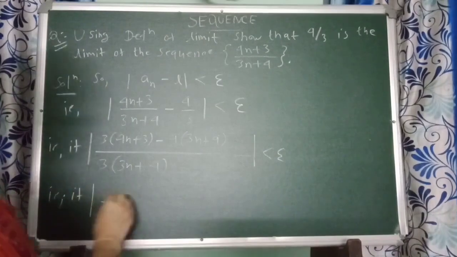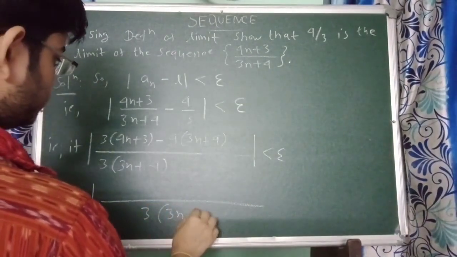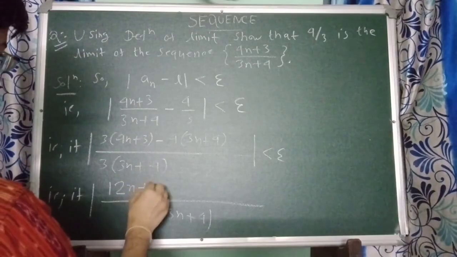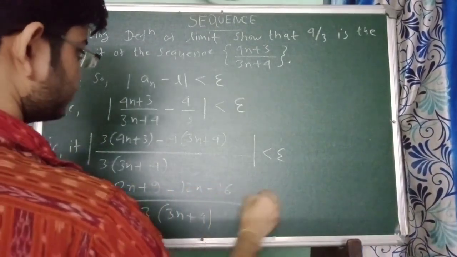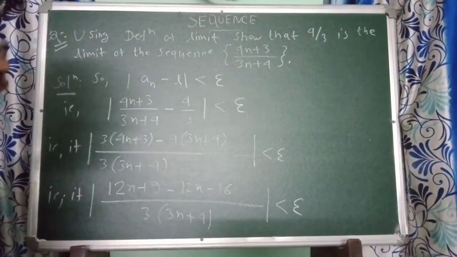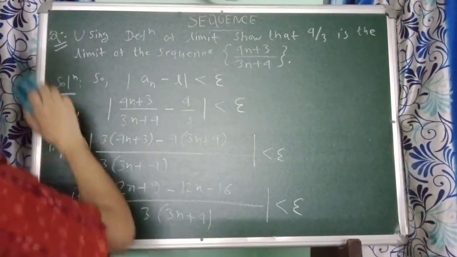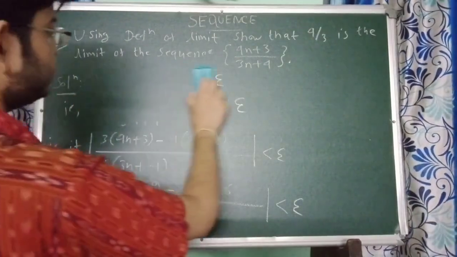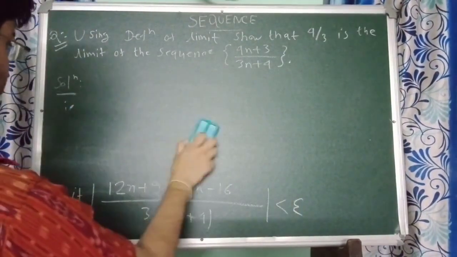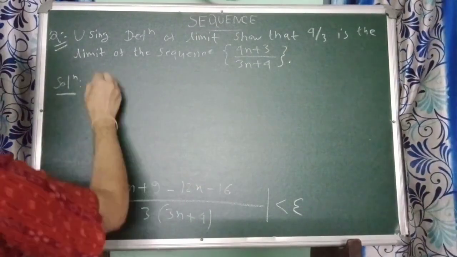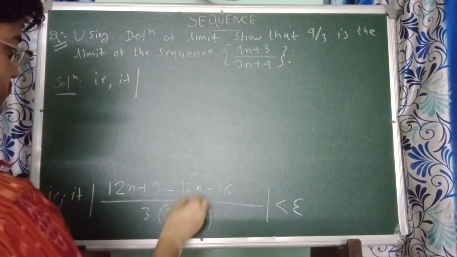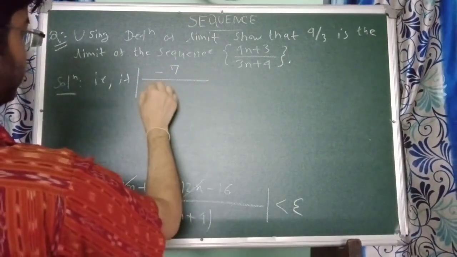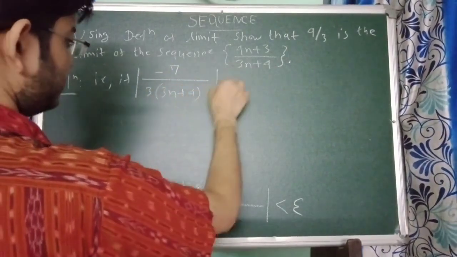That is, if 3n plus 4, open the brackets, for the space I remove some quantity, that is E. Cancel this: 9 minus 16 minus 7 divided by 3n plus 4 is less than epsilon.